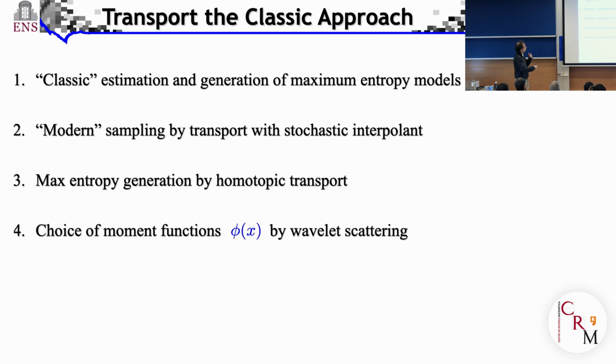And so the question is, is it possible to blend both approaches? And I'll show that it's indeed something very natural. If we want to avoid the kind of curse of computation that we are facing when trying to compute maximum entropy distribution, then it's very natural indeed to adopt this point of view of transport.